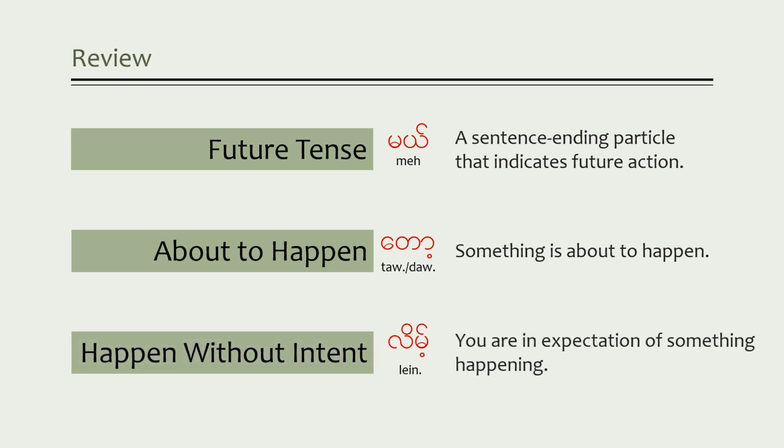Lastly, if you expect that something's going to happen, but it's not really as a result of your intent, you can add the particle lein before the final particle. But again, me is always going to be the final particle in a future tense statement. And that finishes this lesson.